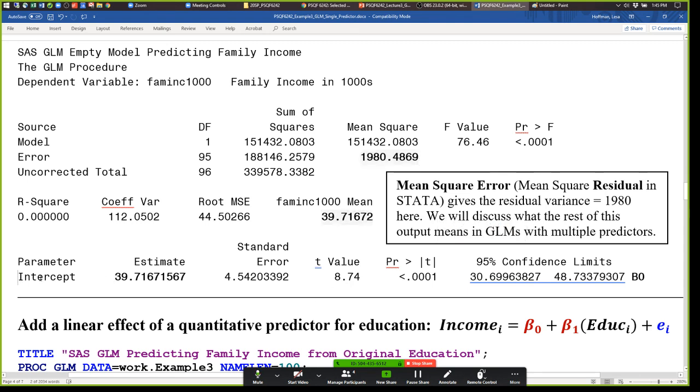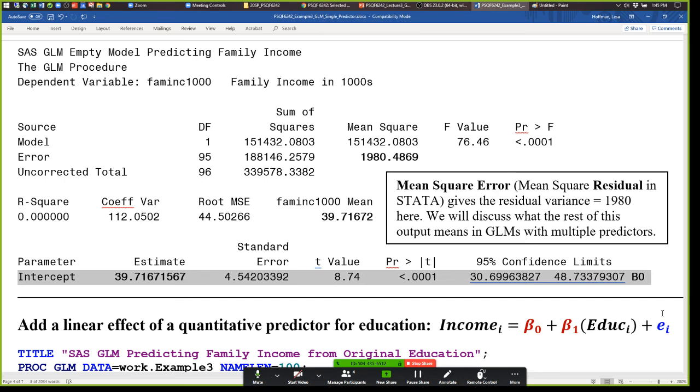Under parameters, this is where your fixed effects are going to go. So the fixed intercept that it gave us without us having to ask for it, 39.7, that's our mean. Because if I don't have any predictors, my intercept is just the sample mean. Standard error of the mean.